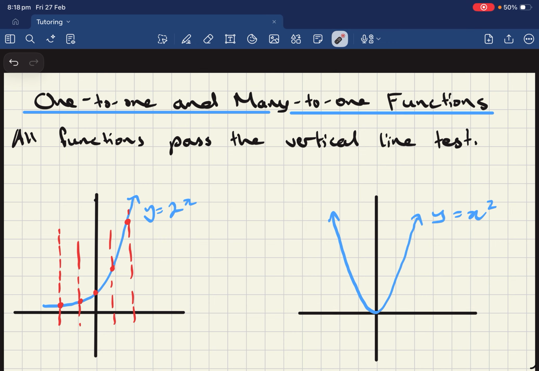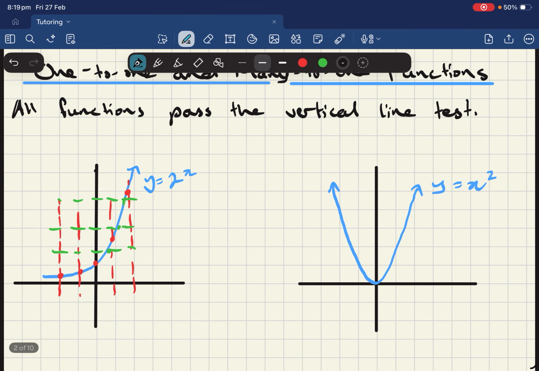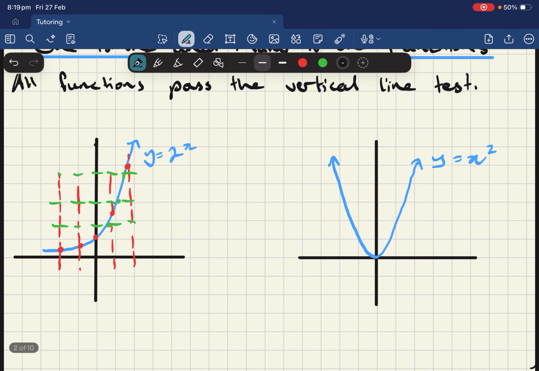So if we were to draw a whole bunch of horizontal lines here, let's do them in another color, you will notice this exact same thing happening. We get this one-to-one relationship again. So basically, if it passes the vertical line test, it's a function. If it passes the horizontal line test, it's called a one-to-one function.